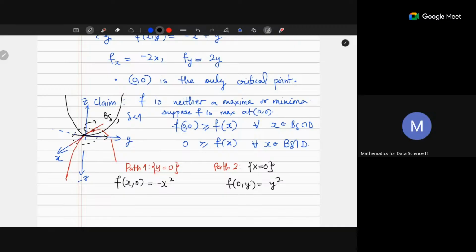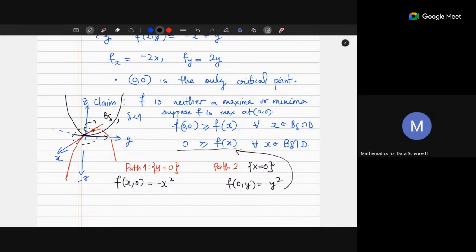So it contradicts the above inequality, because within this ball it should always be smaller than or equal to 0, but I'm achieving a value which is larger than 0. So this inequality is not true. That means it is not a local maximum.